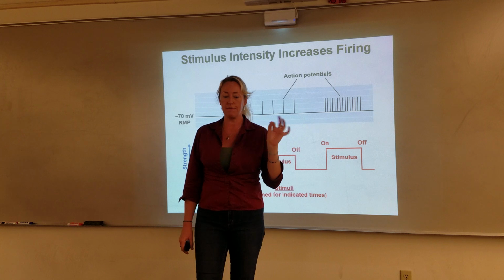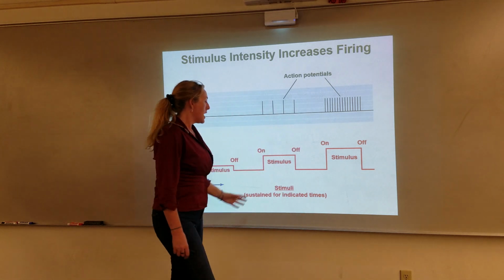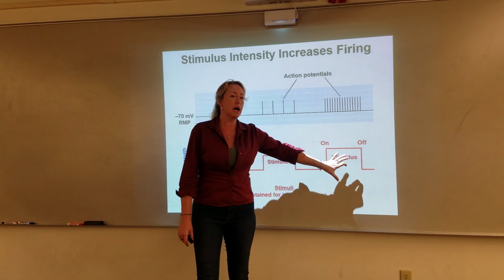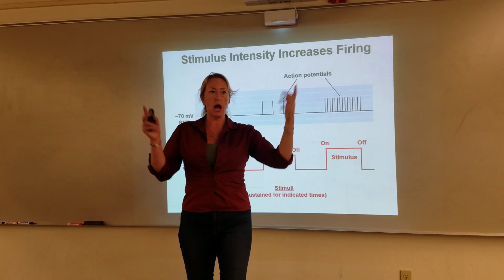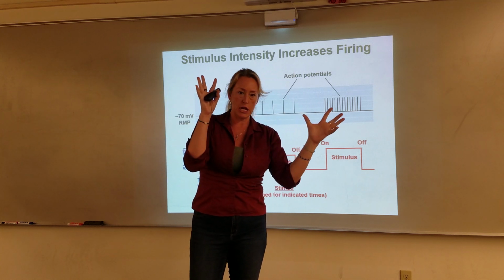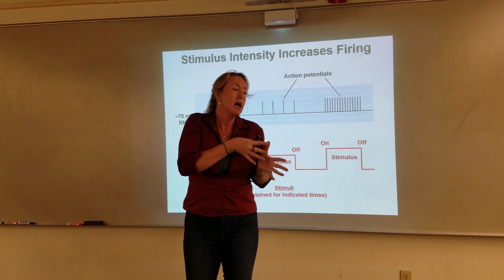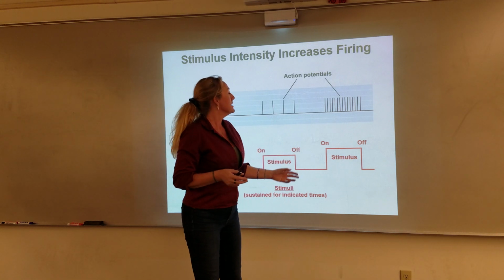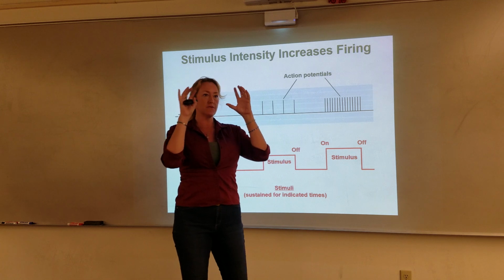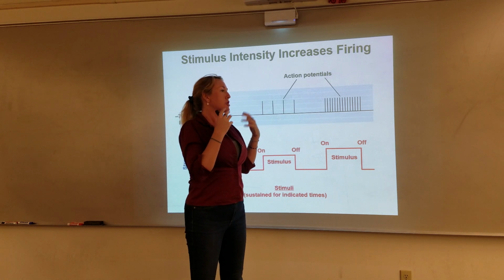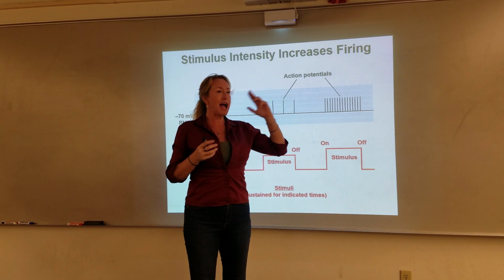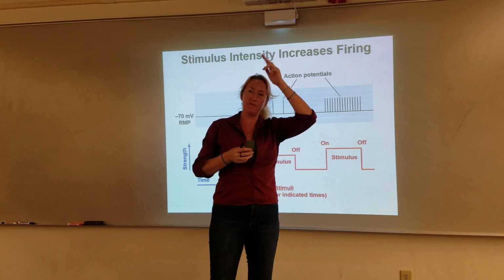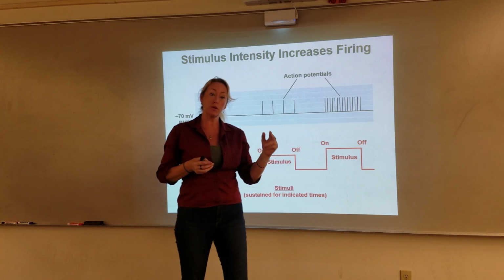So that neuron is firing at a slow, steady rate. However, if the stimulus is ramped up, meaning lots of neurons are releasing neurotransmitters on that one neuron, that will cause so much positive charge to rush in that the action potentials will fire and then reset and fire, and they'll do it really, really quickly.